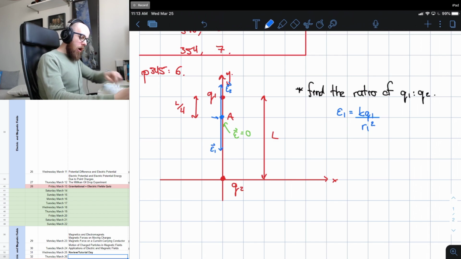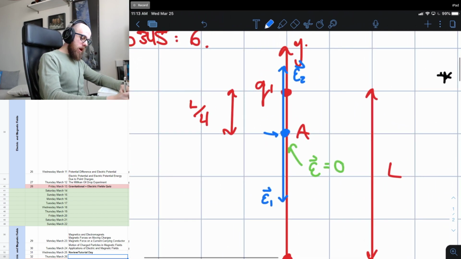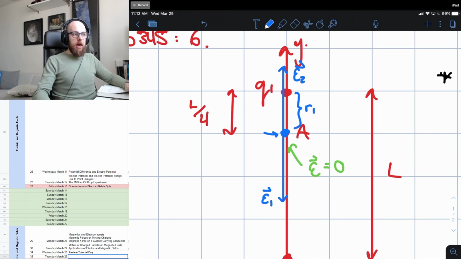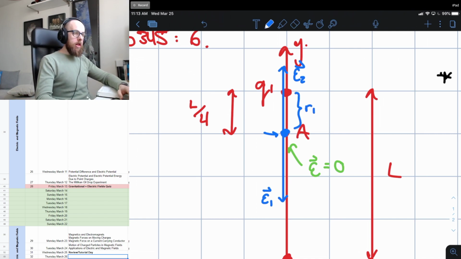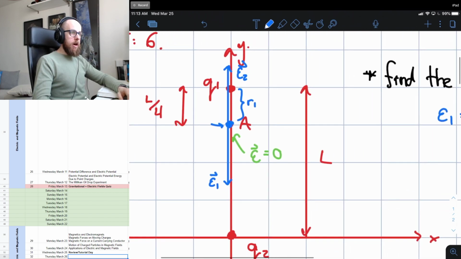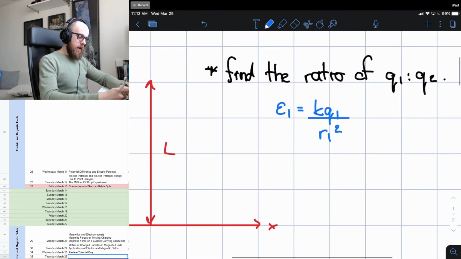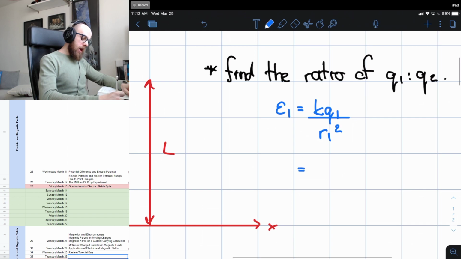Now, R1 is the distance separating Q1 from the point A. So in this case, R1 is equal to L over 4. So coming back to my equation, I get E1 is equal to K Q1 over R1 squared, which is L over 4 squared.